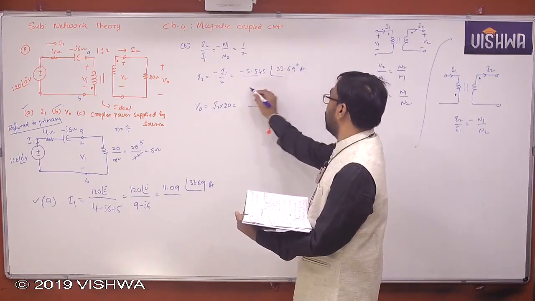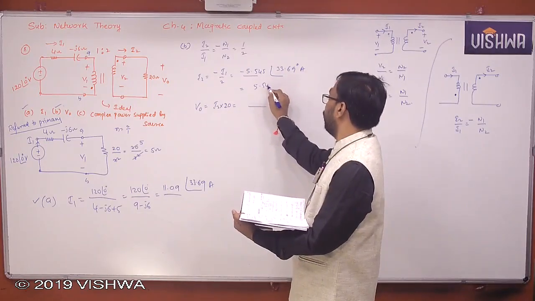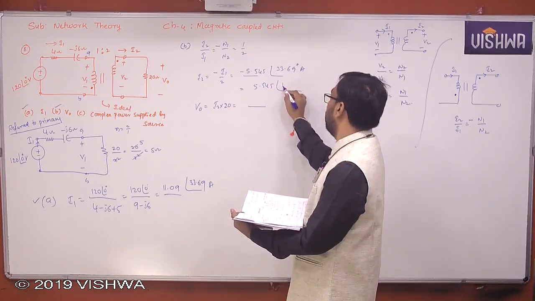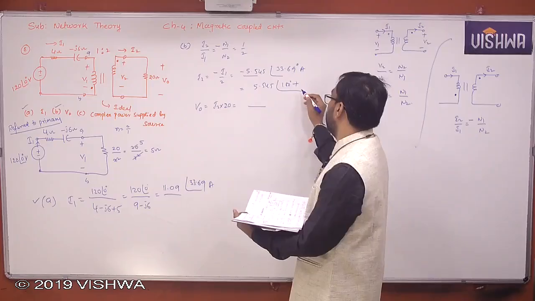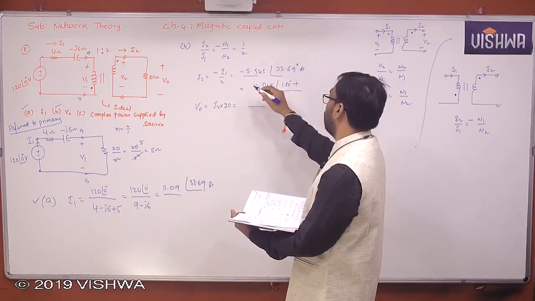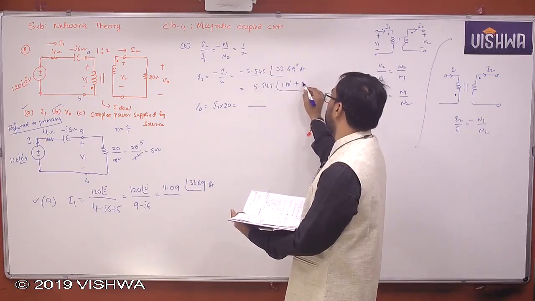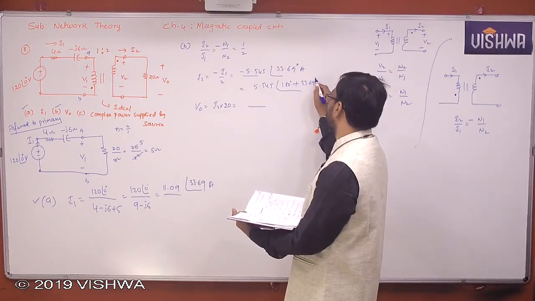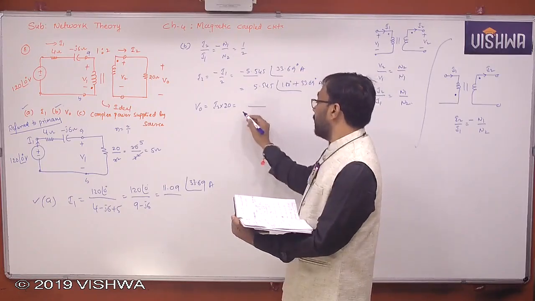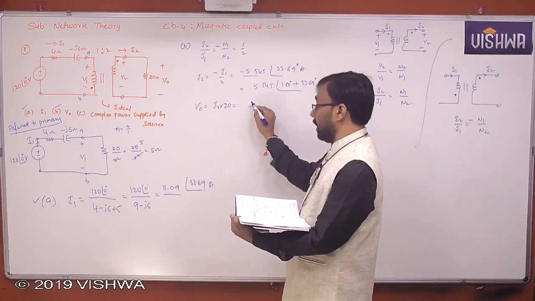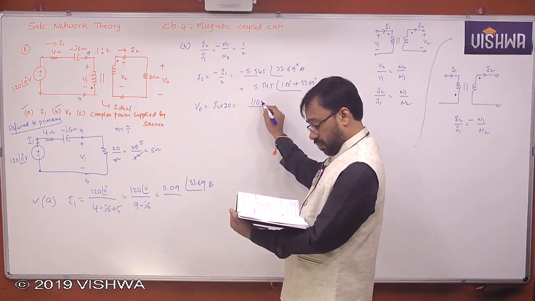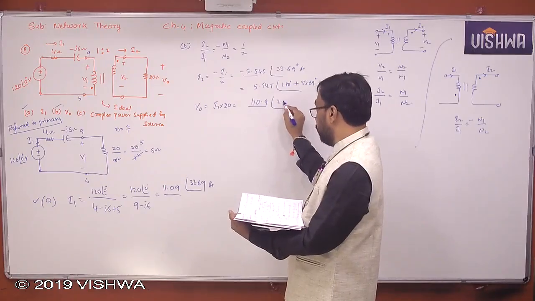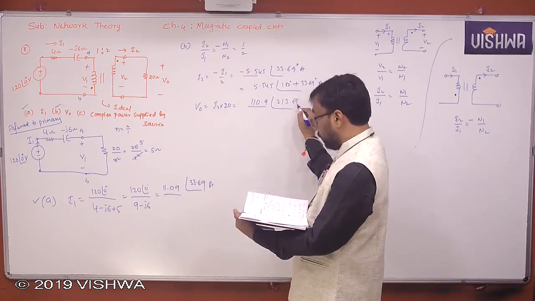Now you can express this even as 5.545 at an angle of 180 plus 33.69 degrees, because this minus sign you can push into the angle. Minus 1 is nothing but 1 at an angle of 180. If you multiply that 5.545 into 20, then you will get 110.9 at an angle of 213.69 volts.